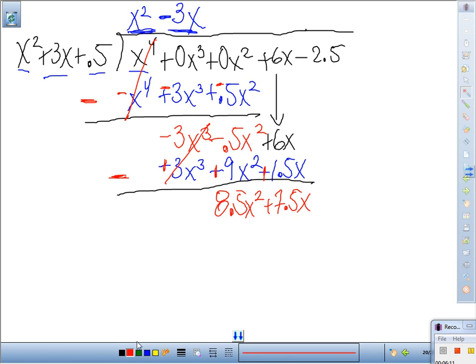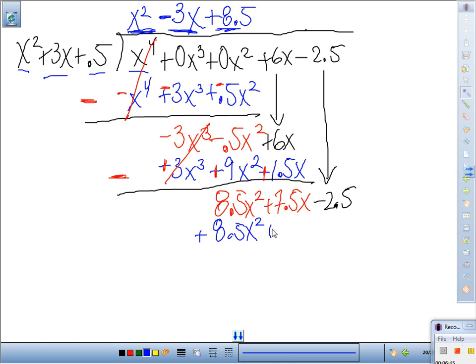And this is easy, let's go. Bring down the next term, negative 2.5. Question: what number times x squared gives me 8.5x squared? Positive 8.5. That's positive 8.5x squared. 8.5 times 3, that's positive 25.5x.